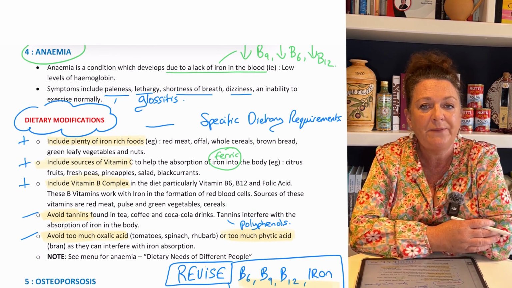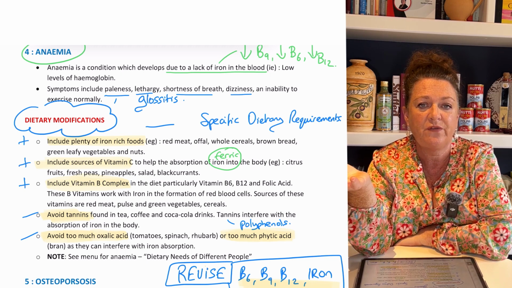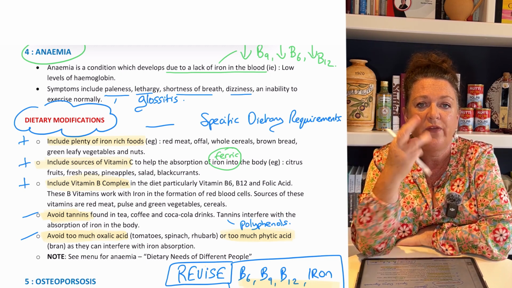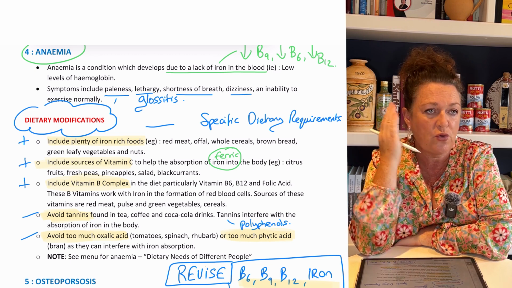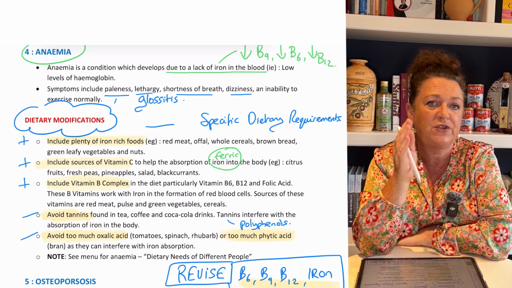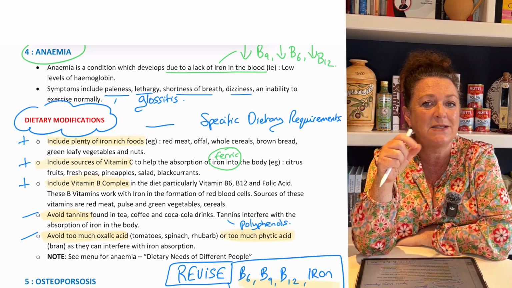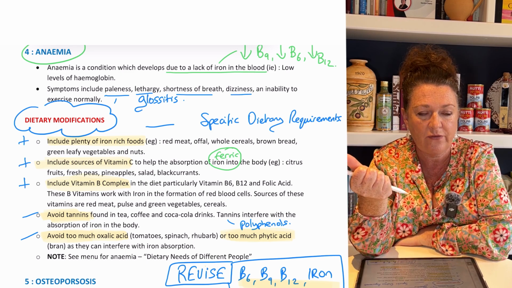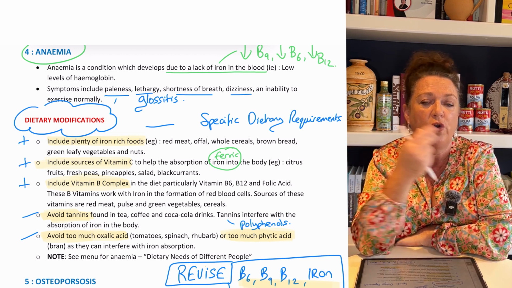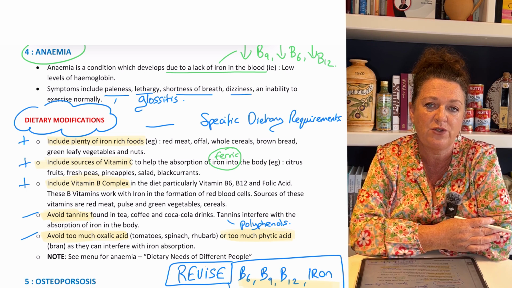Anemia, know the symptoms of anemia, but an honours student will know the 3 different types. Don't go the road that everybody else goes, which is automatic. Oh, anemia is due to a lack of iron. Yes, it is. Plus, it could be a lack of pyridoxine B6, a lack of vitamin B9, folate, folic acid, or it could also be a lack of vitamin B12.